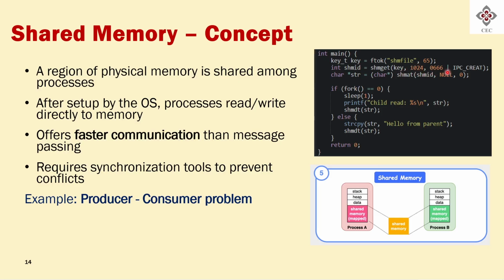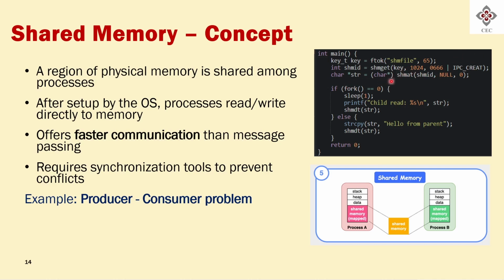The third is 0666 | IPC_CREAT. The leading 0 represents the octal representation, and the 6 represents the access rights, and IPC_CREAT indicates that if there is no shared memory created, it will create a new shared memory, and this shared memory can be accessed by the process.